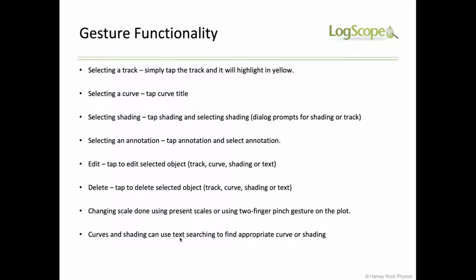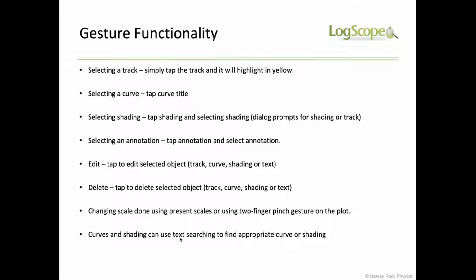You simply do that by tapping on the track and it will highlight yellow. To select a curve, you just tap on the curve title. To select shading, you simply tap on the shading. Selecting an annotation, tap the annotation and then select the annotation on the plot, and we'll show that kind of functionality.